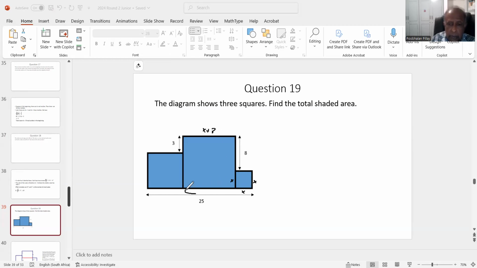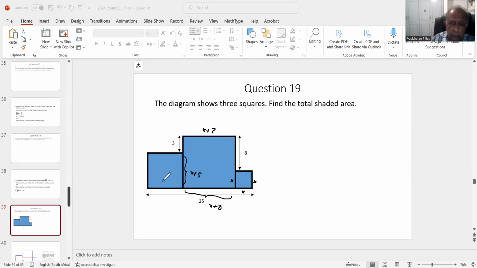Okay, so this is also x plus 8 here, because that's a square. All the sides are equal to x plus 8. Now in particular, this will be x plus 8 here. So if this entire side is x plus 8, and you have to remove 3 from that to get to the side of the last square, this will have to be x plus 5, because x plus 5 plus 3 will give you x plus 8.